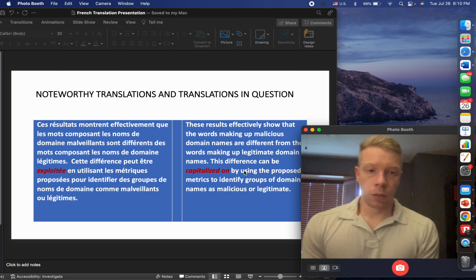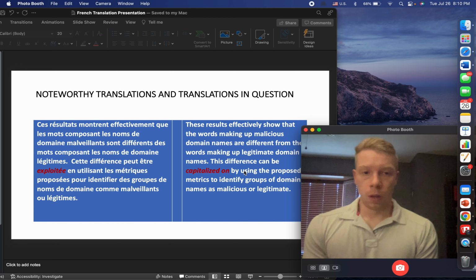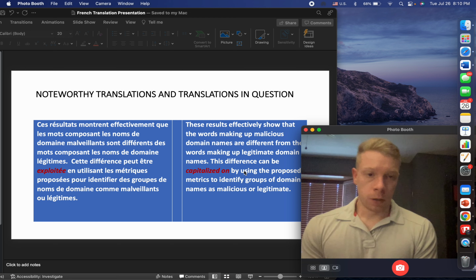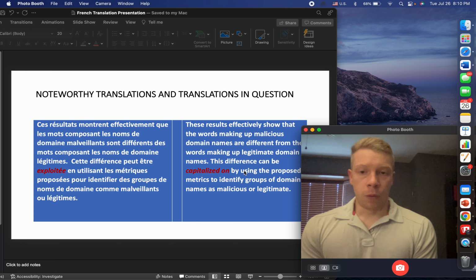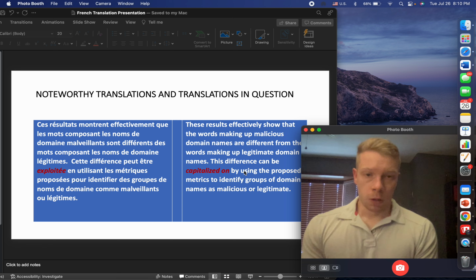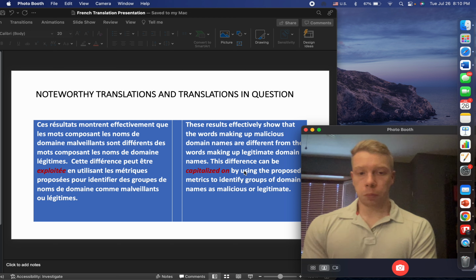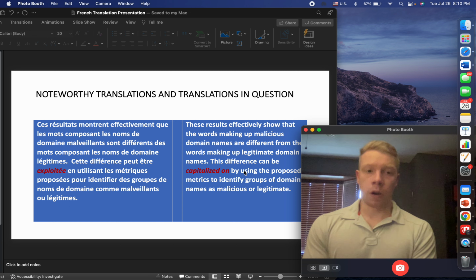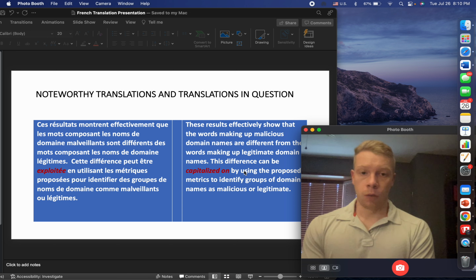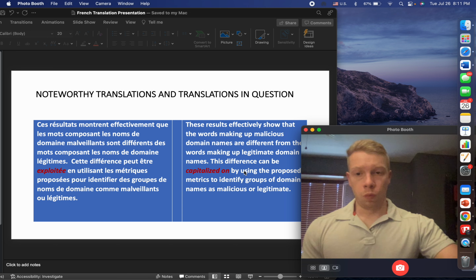Exploited in English tends to have, in my view, a negative connotation, but this actually denotes the fact that this is beneficial. So therefore, I didn't keep the literal translation exploit, but rather I changed it to capitalized on to denote that there was a positive aspect to this, a beneficiary to the action, which without the context here, we wouldn't have been able to determine.